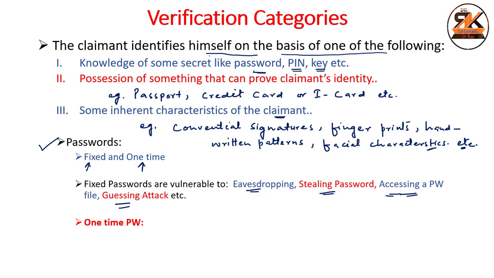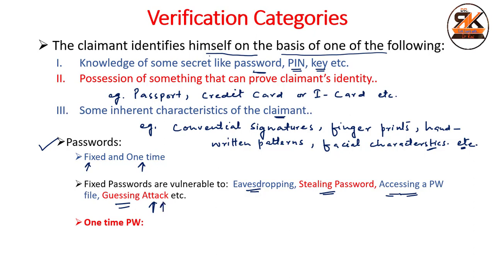Then you have another attack, that is the guessing attack. This attack is more likely if the password is short, or it is related to the user, for example his birthday, or the user's child's name, or a favorite word or person of the user. In that case, the attacker can guess the password.